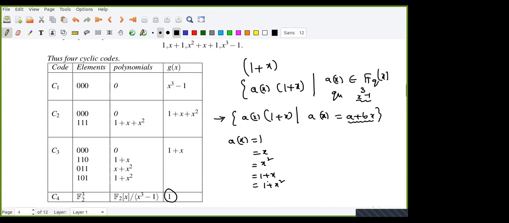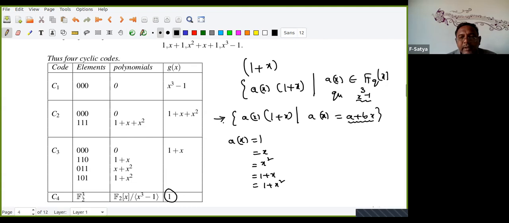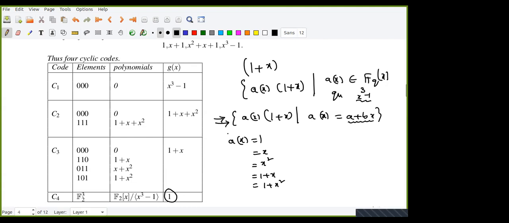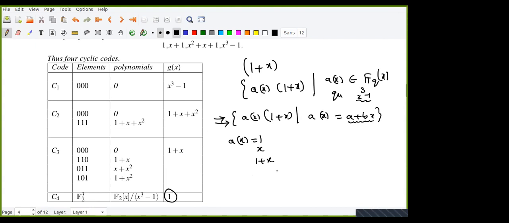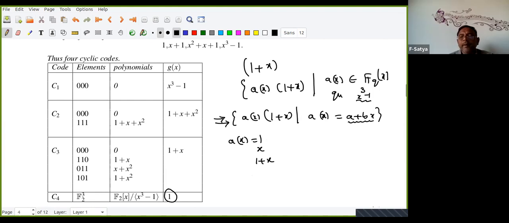Then we only want linear polynomials, right? Sorry, you are correct, that was a mistake. So then I have only three polynomials, these three, correct? Yes, sir, these three polynomials.